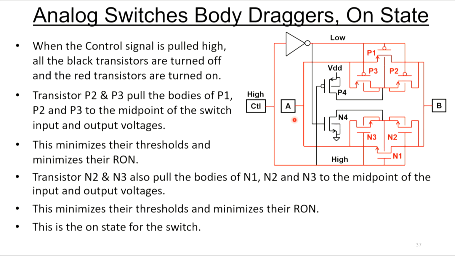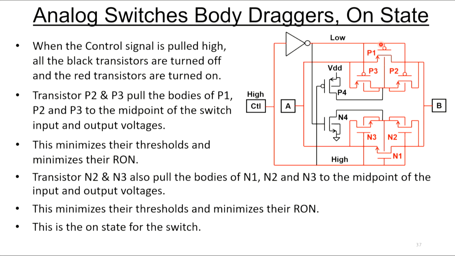What about the on state? So if you pulled your control pin high, now all the transistors in red turn on and all the transistors in black turn off. So let's just look at the PMOS device up here. If P2 and P3 are on, that takes the body of P1 and pretty much puts it in the middle of our A and B terminals.